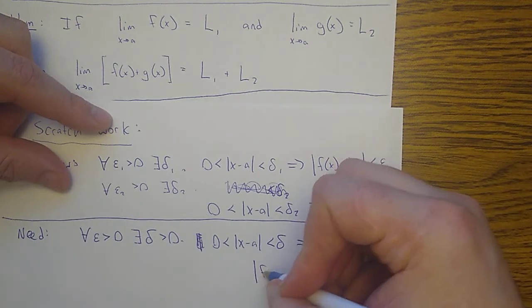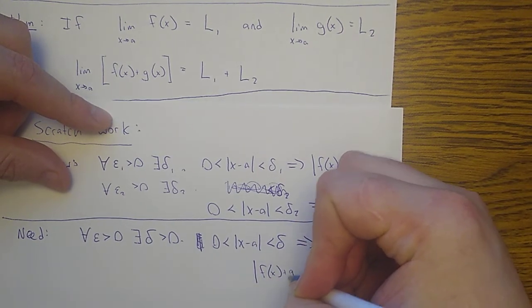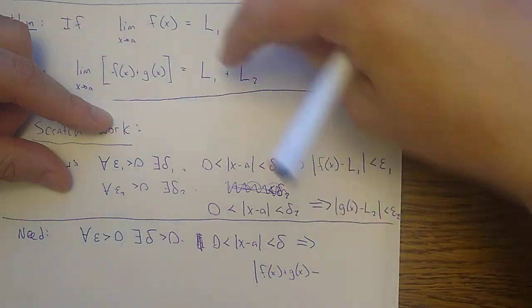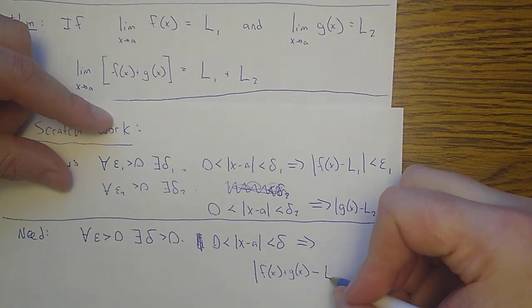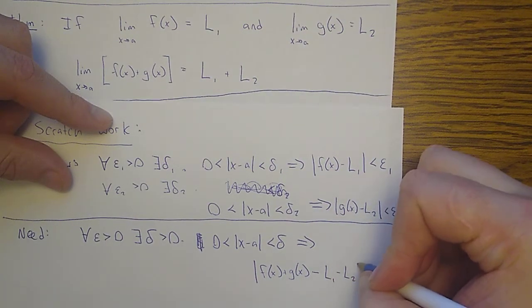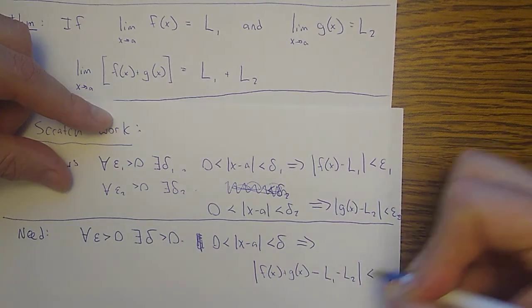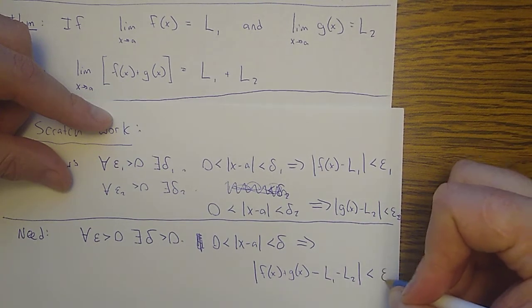So that would be f of x plus g of x minus L1 plus L2, is less than epsilon.